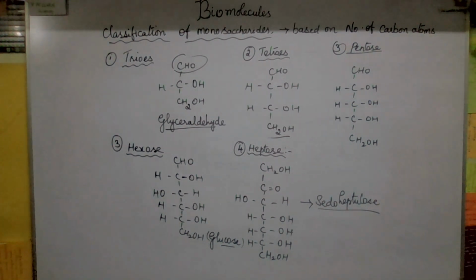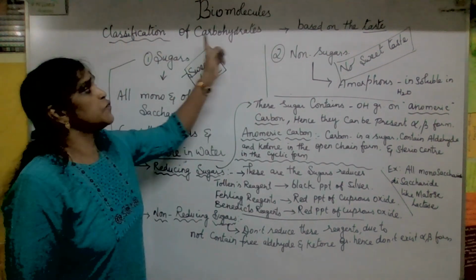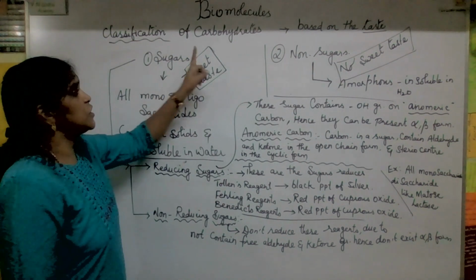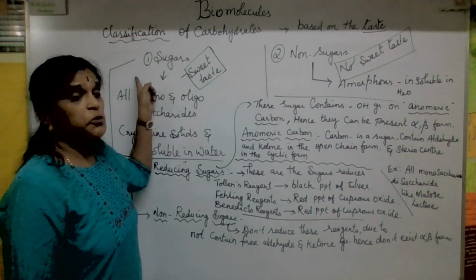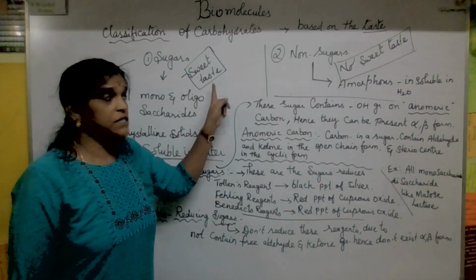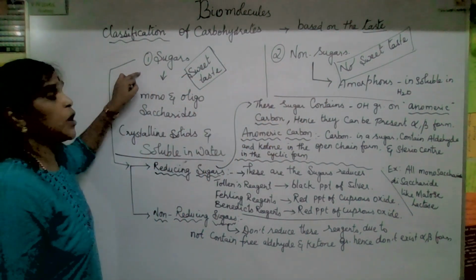Okay, now next one. Here, the next classification is the classification of carbohydrates based on taste. Here, what are the two types of classification based on taste? Sugars and non-sugars. Okay, sugars have a sweet taste. Non-sugars have no sweet taste. Now how to identify?